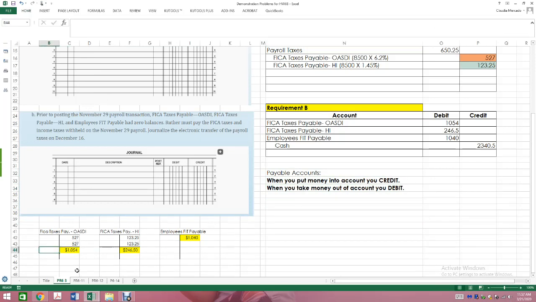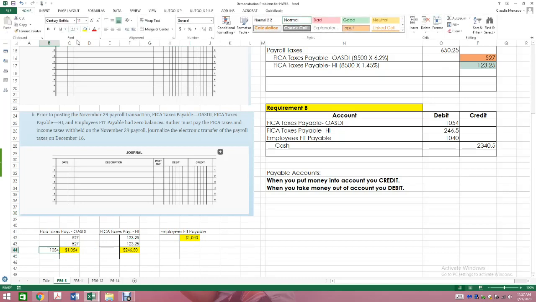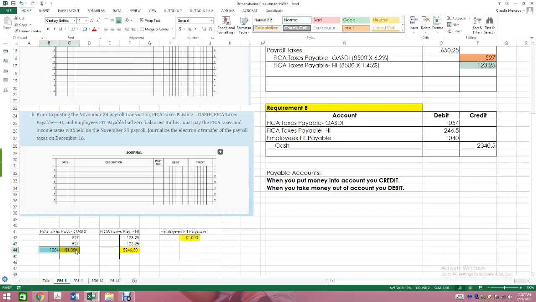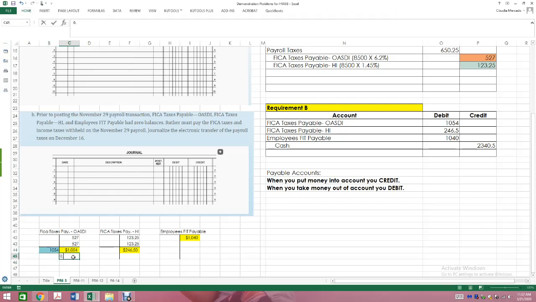So what happens when you take the money out? Well, I'm going to take money out, and now this account is going to have a zero balance. I take money out of here by debiting.